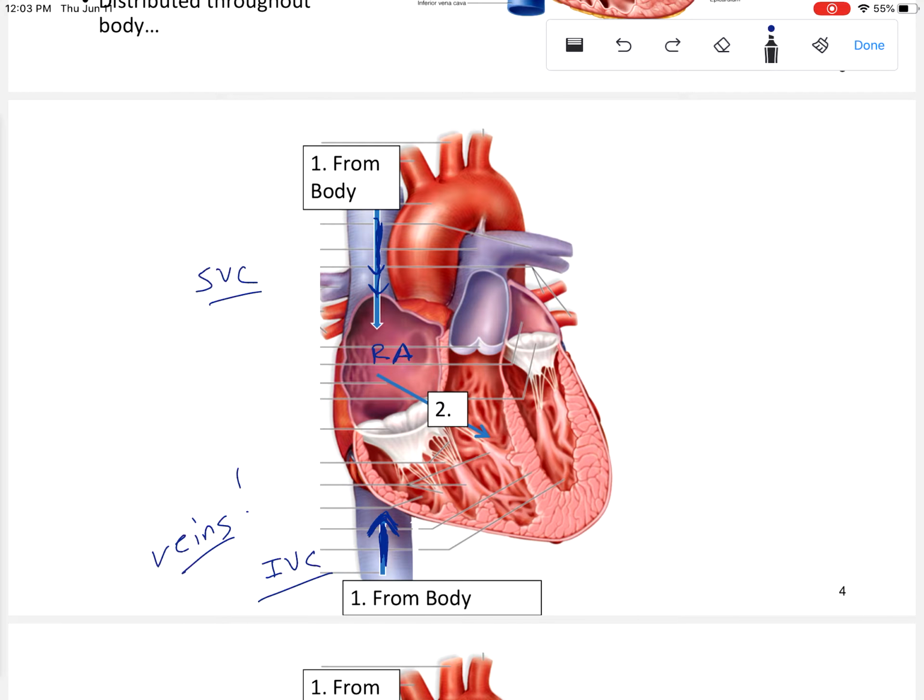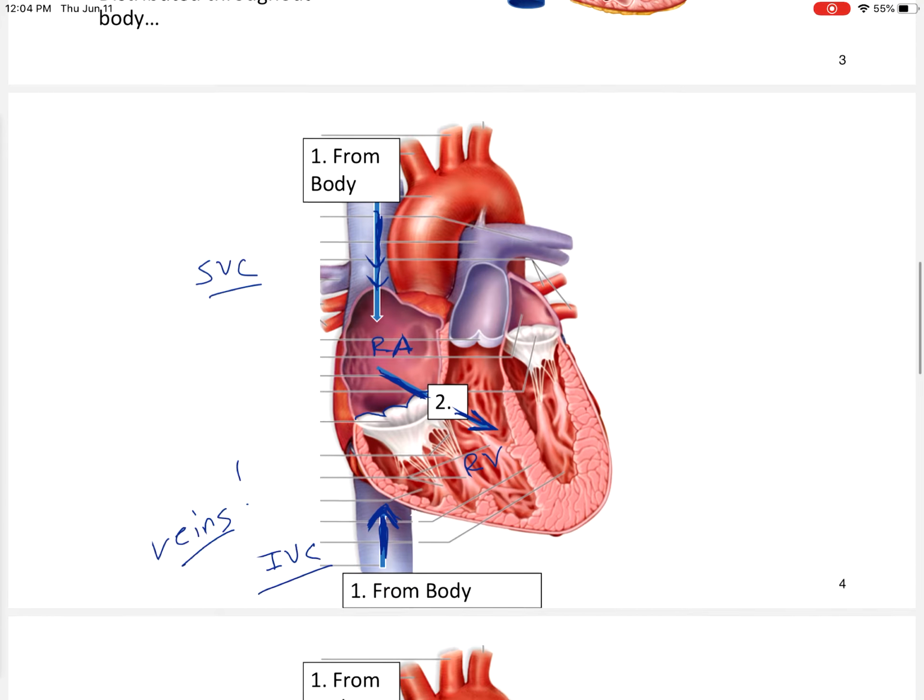Now, when the atrial walls contract, it's going to push the blood from the right atrium through the tricuspid valve into the right ventricle. The tricuspid valve is shown here as 3 cusps.